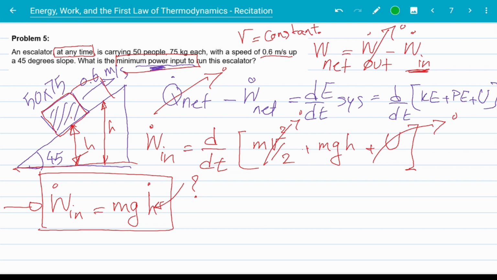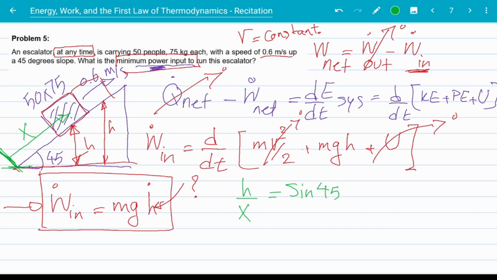In order to find h dot, we need to take a closer look at the triangle that we have. If x represents the location of the box and h represents the elevation of the box with respect to here, then h over x is the sine of 45 degrees, right?